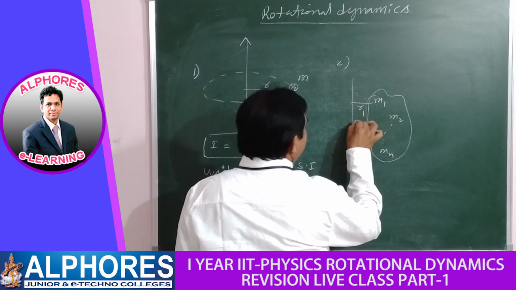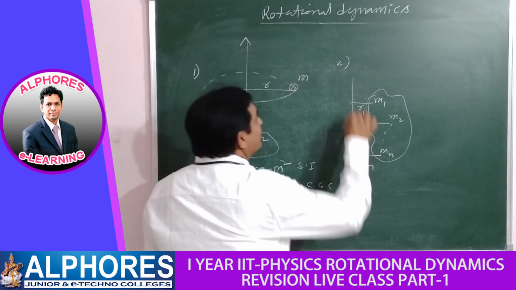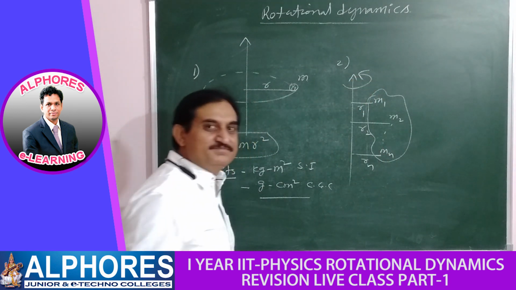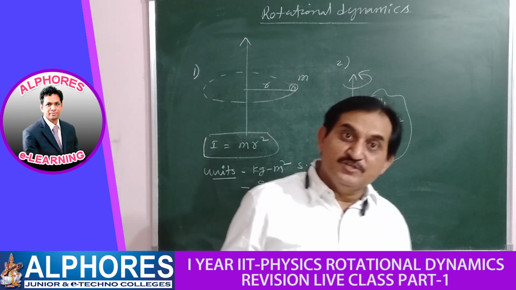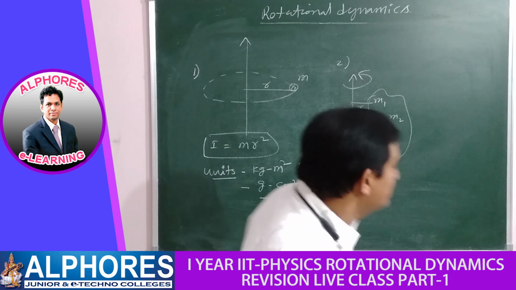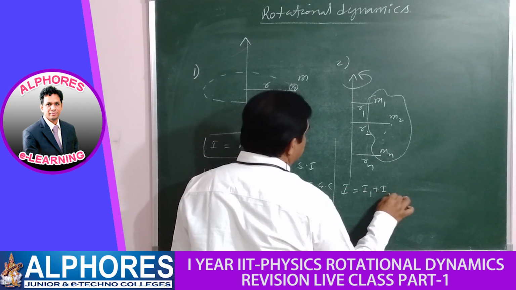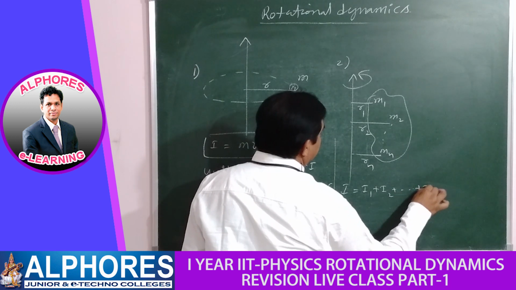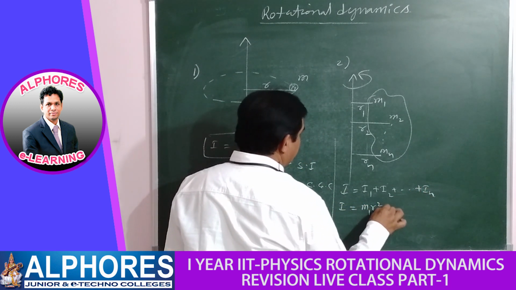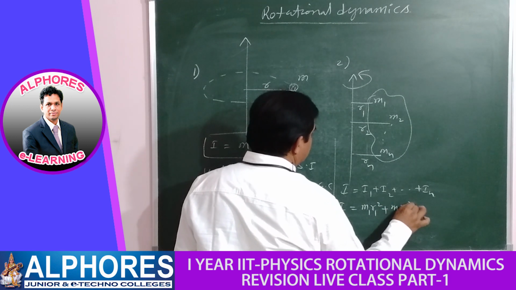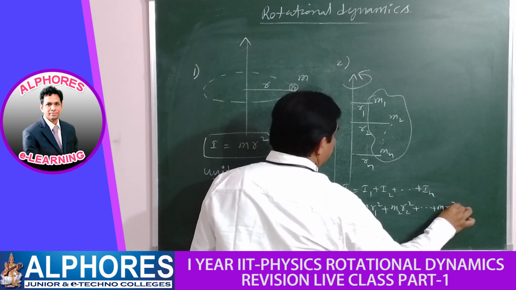Say this is r1, this is r2, and so on, this is rn. Its moment of inertia can be estimated by adding the individual moments of inertia of the particles. Now I is equal to I1 plus I2 plus so on In. I is equal to m1 r1 square plus m2 r2 square plus so on mn rn square.